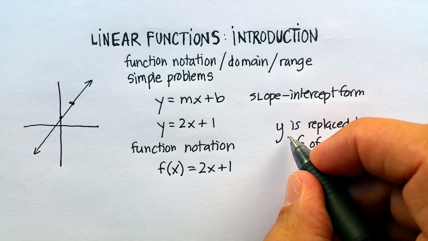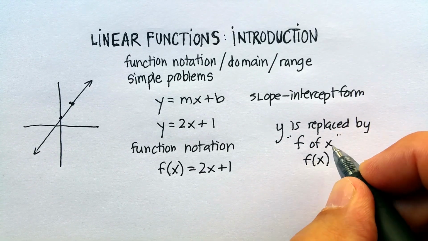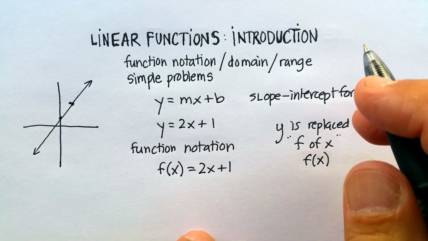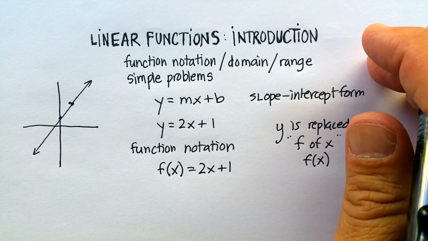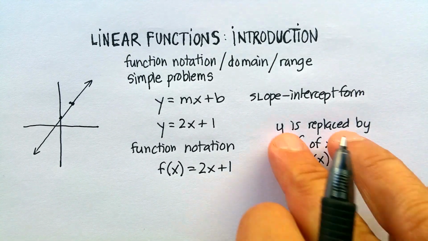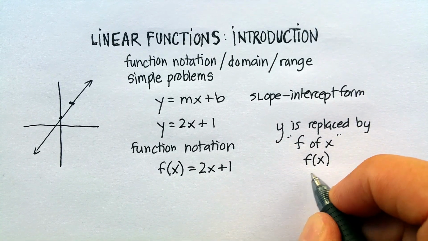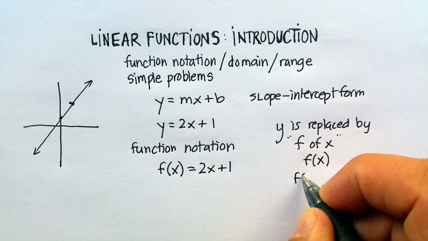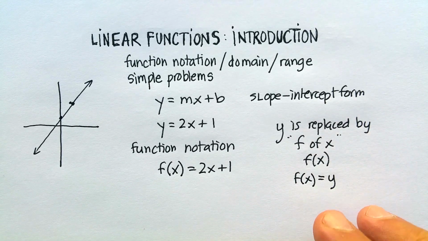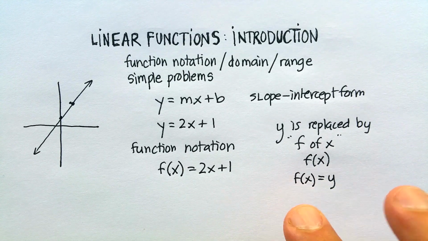This is how you say it in English, f of x. So in other words, the function of x. Now why do we do that? Let me just finish one more thing. We can basically end up saying that f of x is really just the same thing as y. Always keep that in mind. It's just replacing one for the other.